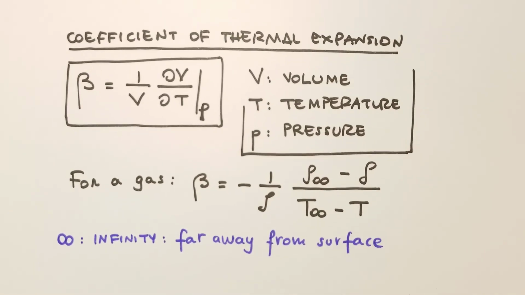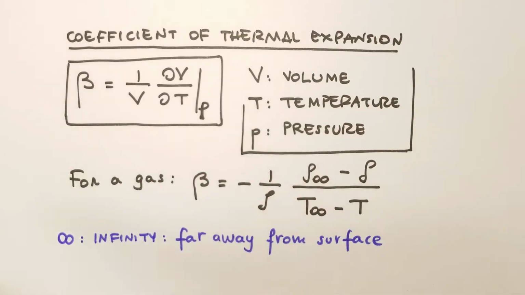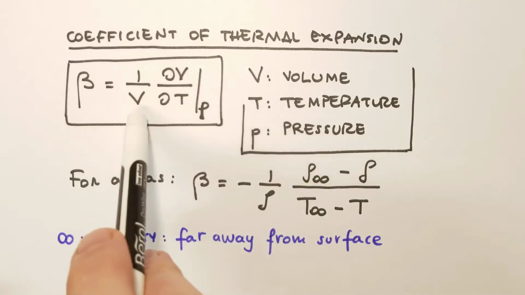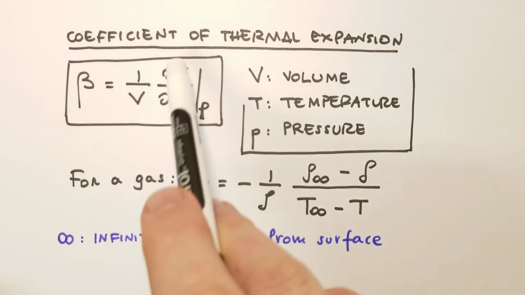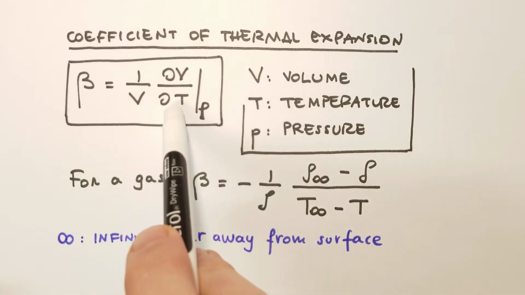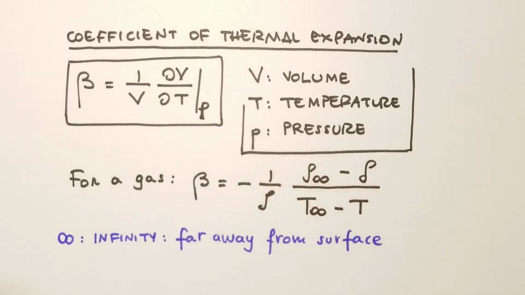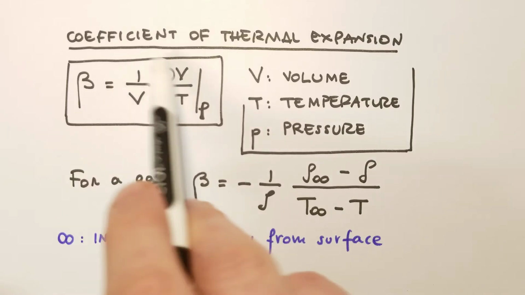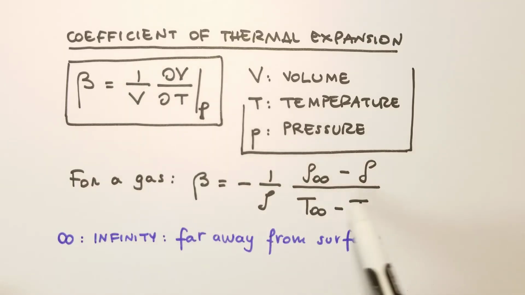An important quantity in free convection analysis is the coefficient of thermal expansion, that's defined as beta equal 1 divided by the volume times the partial derivative of the volume with respect to the temperature at constant pressure. For a gas, this expression reduces to the following form.